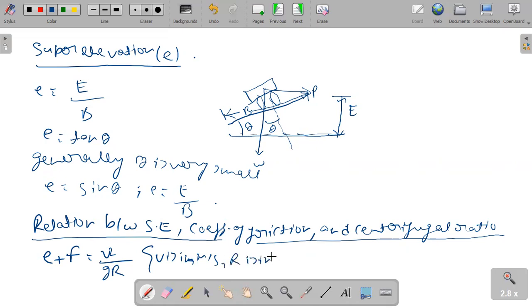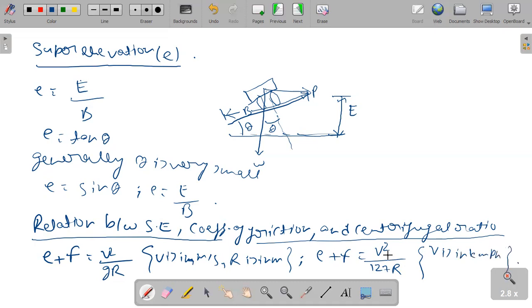R is in meter. And if v is in kilometer per hour, then we have the formula e, super elevation, plus f, coefficient of friction, is equal to capital V square upon 127 R, where V is in kilometer per hour.